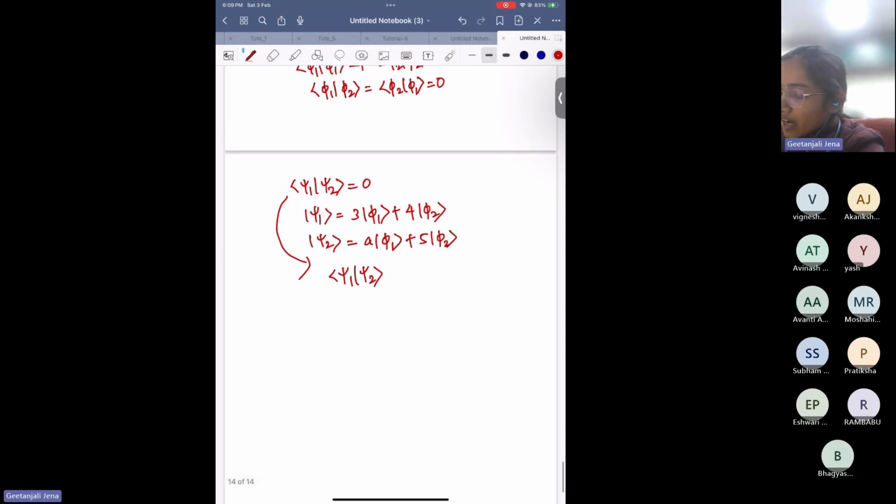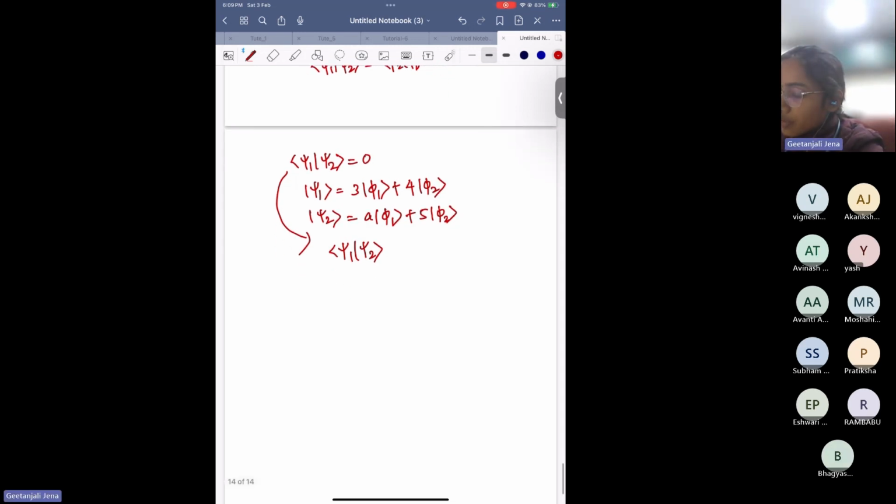When you take the bra of psi1 and take the inner product with the ket of psi2, then it will be equal to 0.